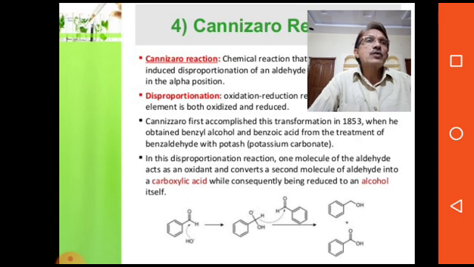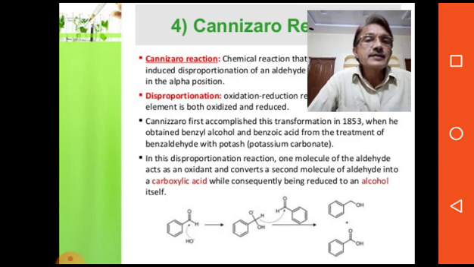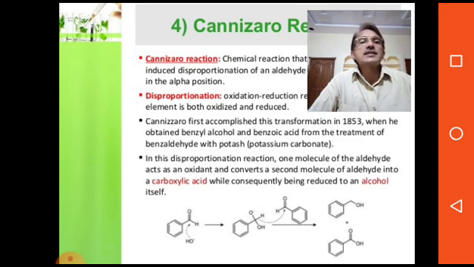So in Cannizzaro reaction, we get two products: one is a carboxylic acid and another is an alcohol. Look at the example. Here benzaldehyde is taken into consideration. When two molecules of benzaldehyde undergo Cannizzaro reaction, ultimately we get benzyl alcohol and benzoic acid.